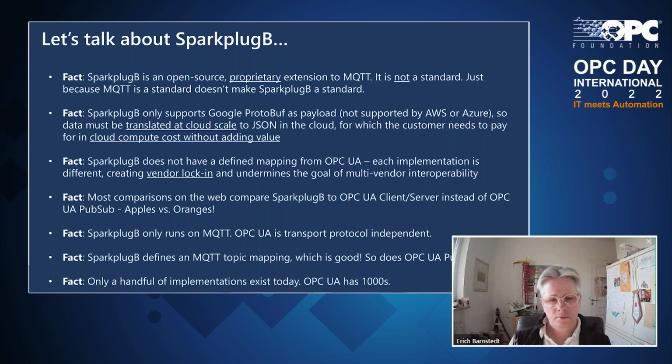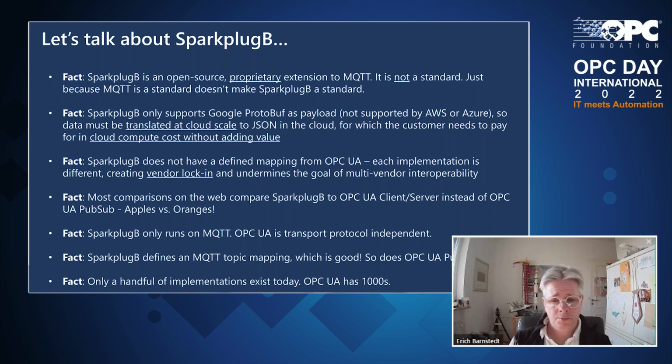The other issue really is that Sparkplug uses a protobuf payload invented by Google. And surprise, surprise, that's not supported in either AWS or Azure, which means that you need to translate the data in the cloud. Now, you might think, what's the big deal? Well, once you start using the cloud at scale, it becomes a really big deal, because you have to pay for that data conversion.